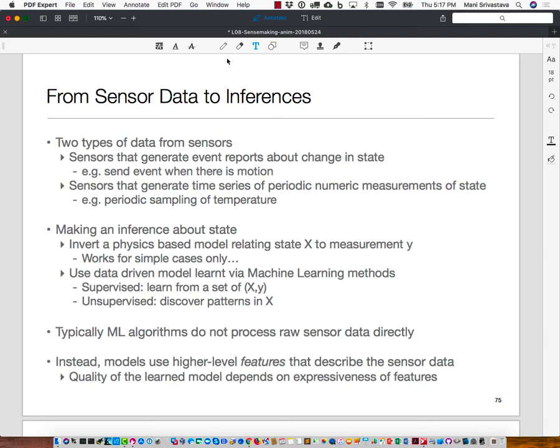So we limit ourselves to some category of mathematical functions, and then we convert the problem to one of finding its parameters. This is what a data-driven model is: let the data define the model, as opposed to something coming from our knowledge of physics. This is what is broadly referred to as machine learning methods.